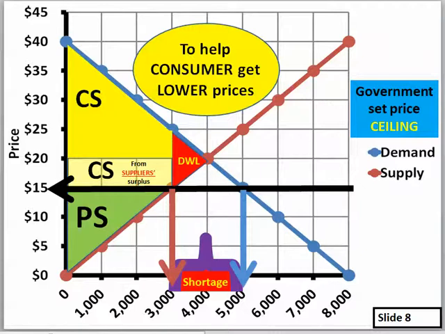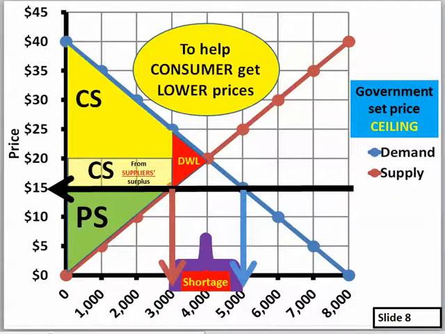Now you notice we have the bright yellow part of a triangle up above. Those are consumers who would have been willing to pay more than the equilibrium price, and so they're getting some extra savings or consumer surplus.